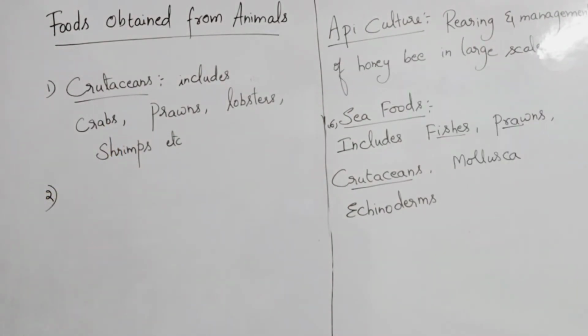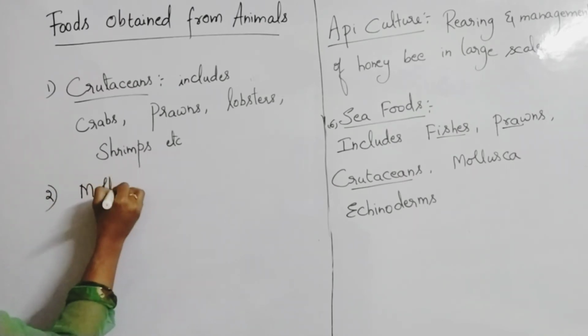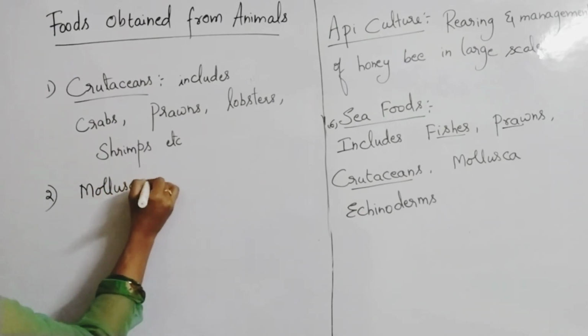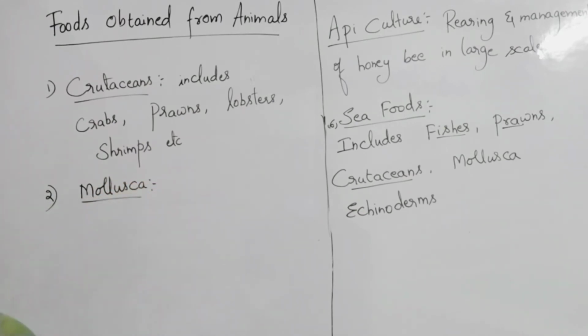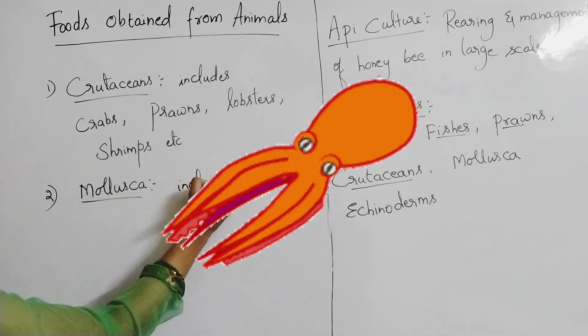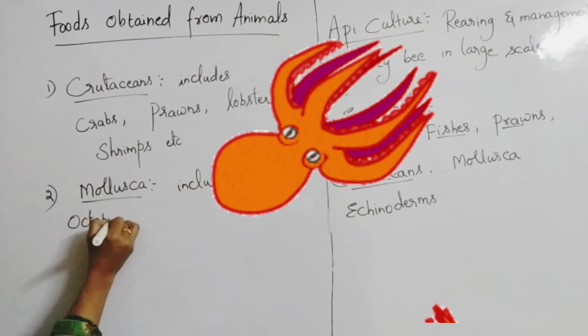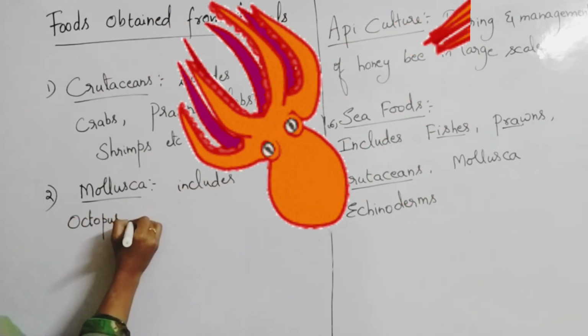And next, what I told you? Mollusca. What are mollusca? What are the examples for the phylum mollusca? It includes octopus, you know. Octopuses come under mollusca.